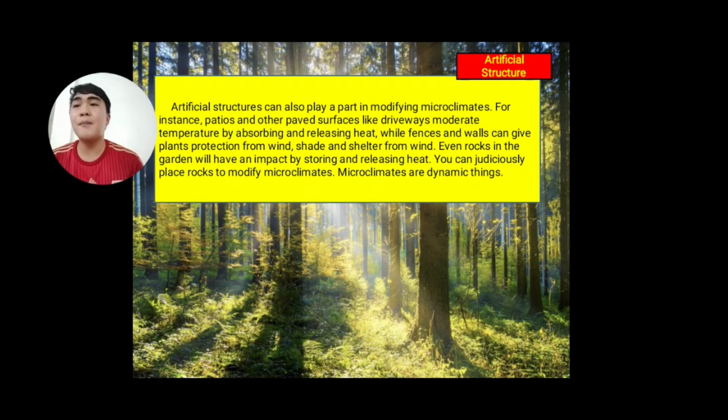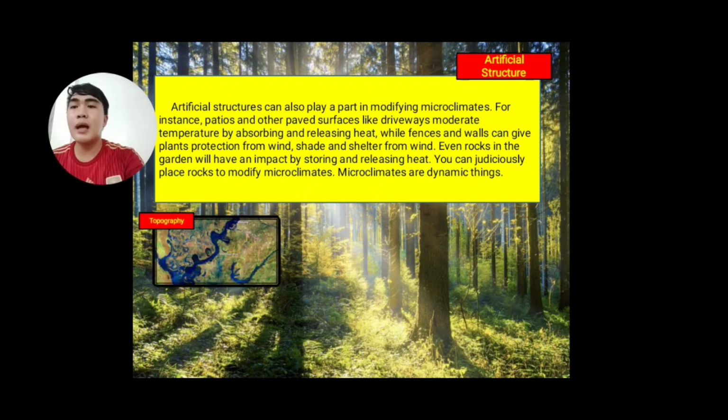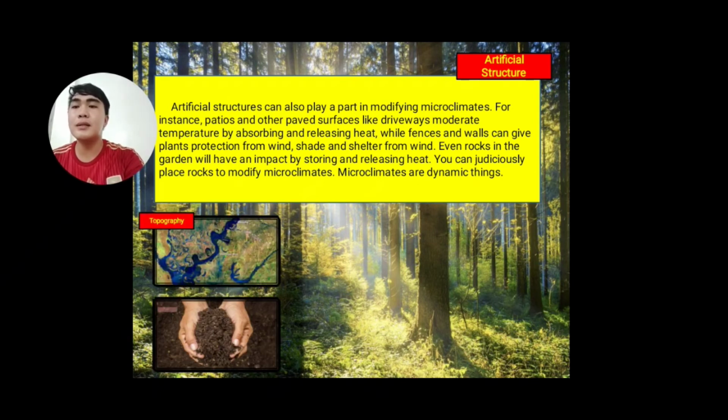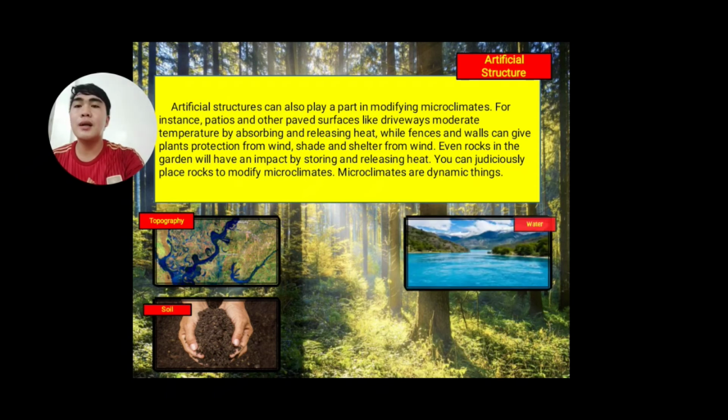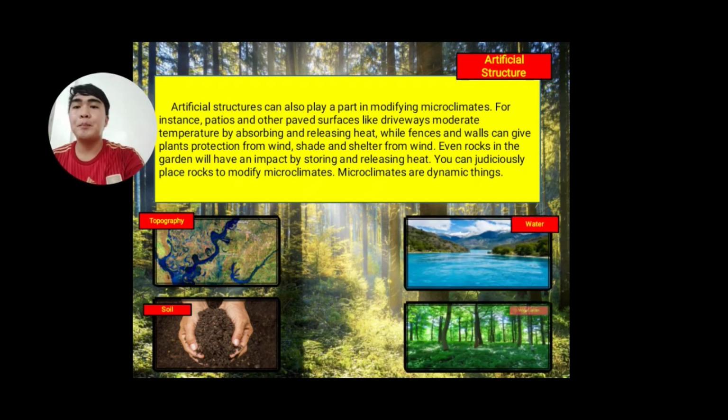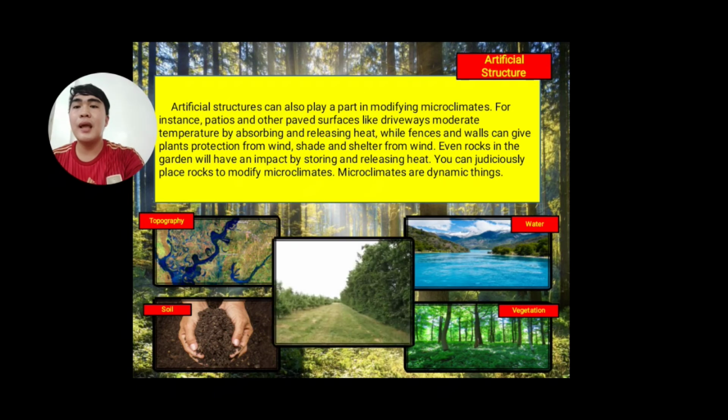At the same time, you have your planted plants or trees that could transpire the moisture coming from the surface, the excessive water coming from the soil. Okay, so yes, this is the topography, the soil, the water, the vegetation, and the artificial structure.